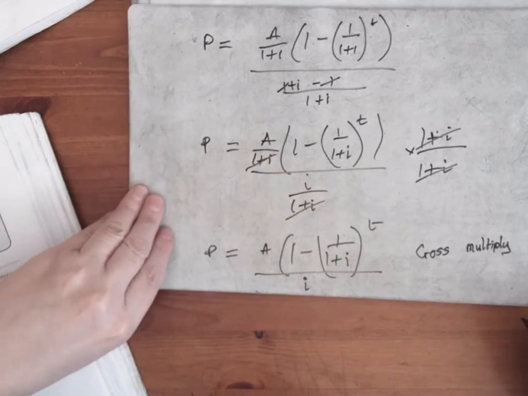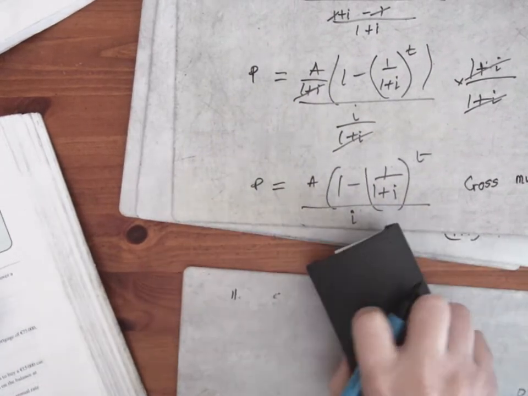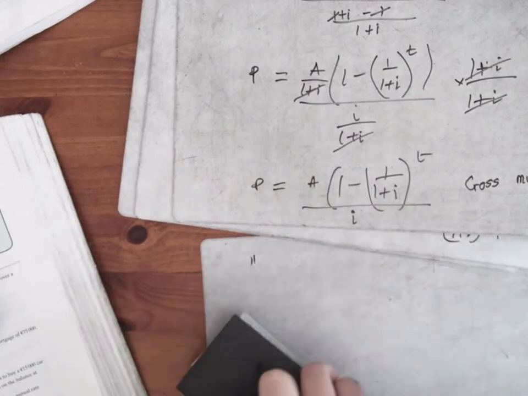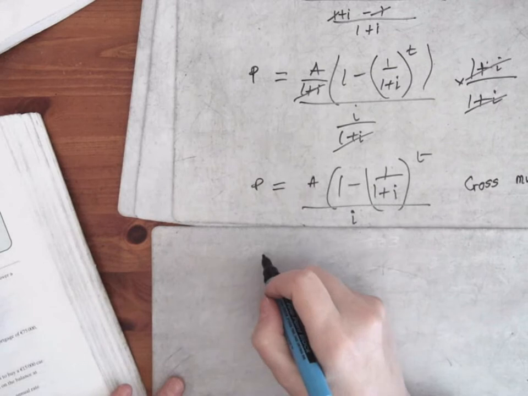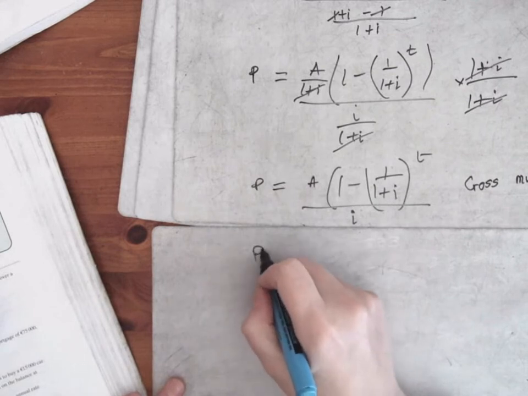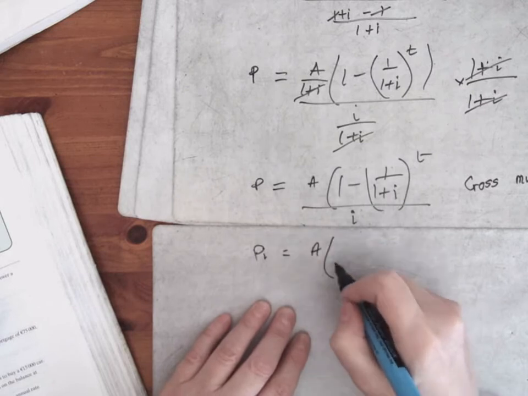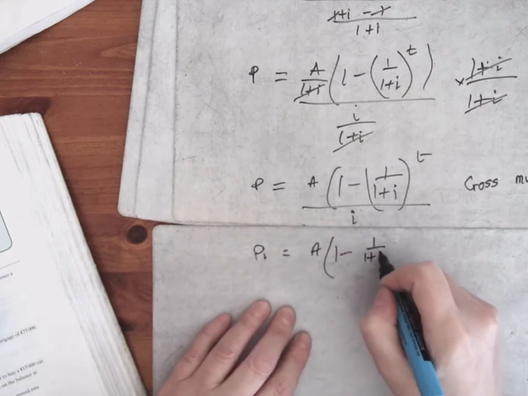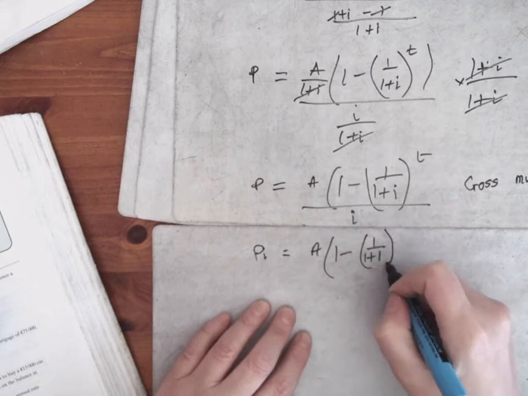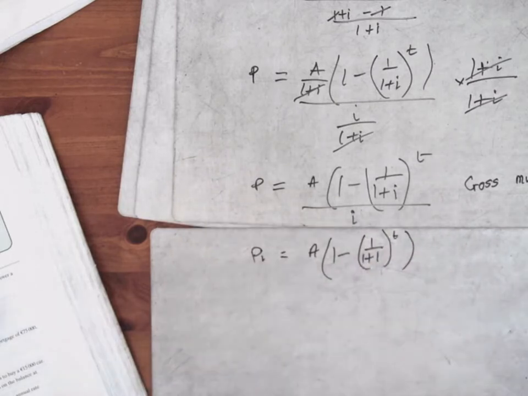Right, so I'm going to cross multiply, I need more board. Cross multiply, I'll get Pi is equal to A times 1 minus 1 all over 1 plus I to the power of T. That's it.